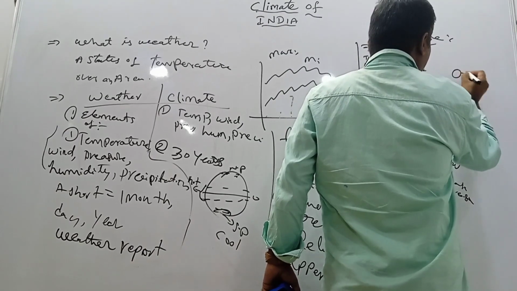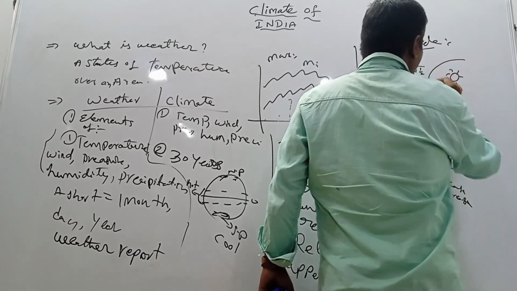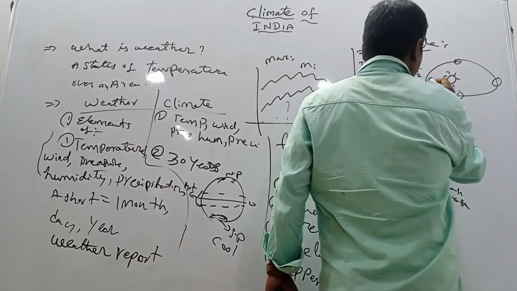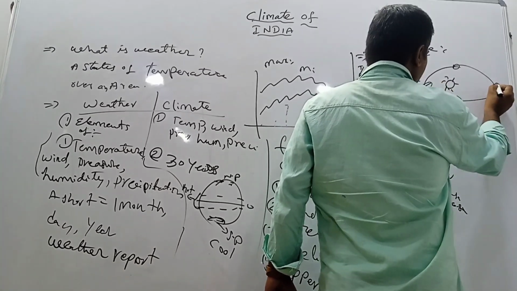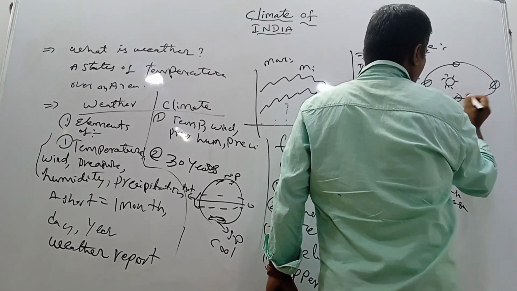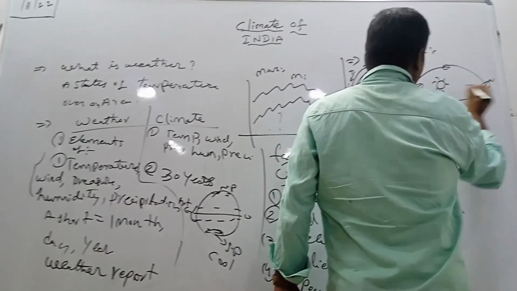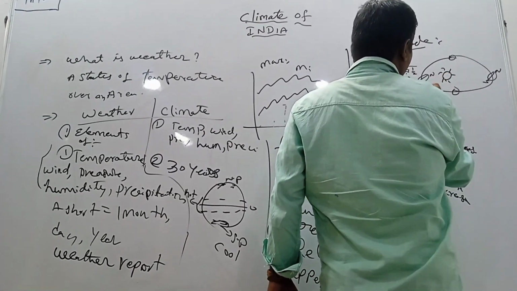This is the sun. Earth revolves around the sun. This is the North Pole, South Pole, North Pole, South Pole.